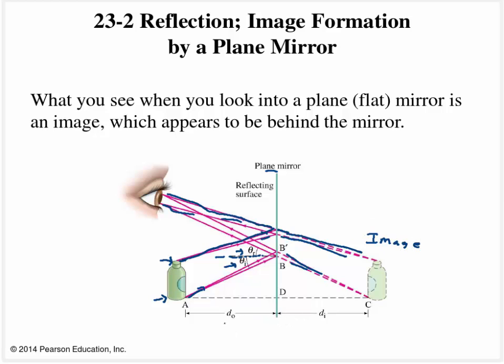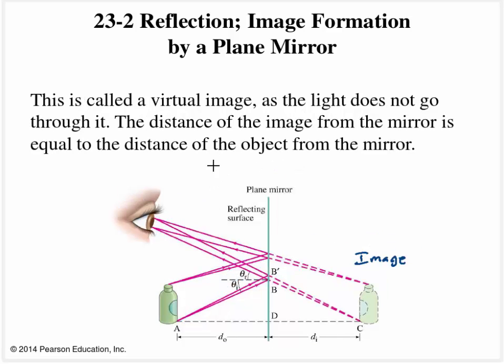Now, a couple of things to introduce. Here we have the distance to the object, and here we have the distance to the image. Technically, this image is actually called a virtual image because the light does not actually go through it. So go ahead and write virtual there. What that really says is all the light is going to be on this side of the mirror, and on this side of the mirror there's going to be no light.